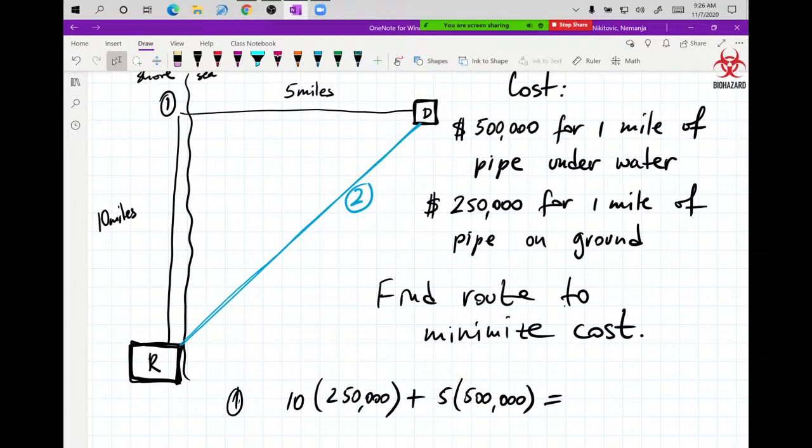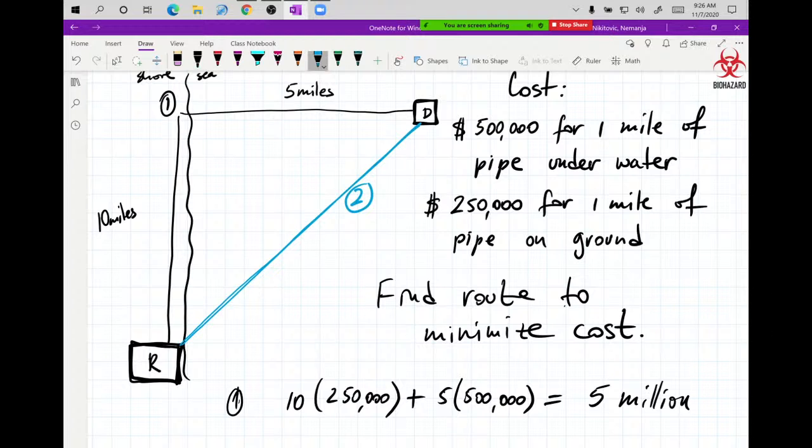So that's 2.5 million, 2.5 million, altogether 5 million to make the path. So when you look at the black path, you say, okay, $5 million and I can create this path easily.